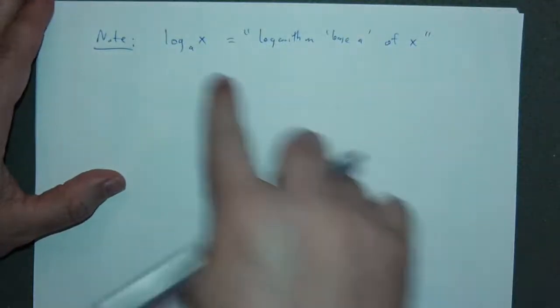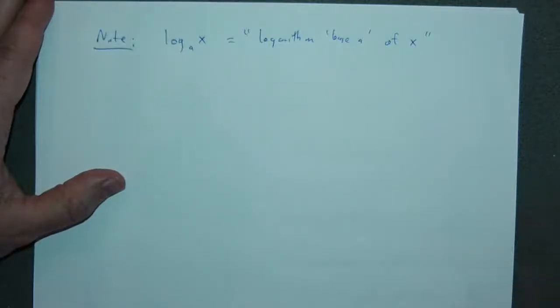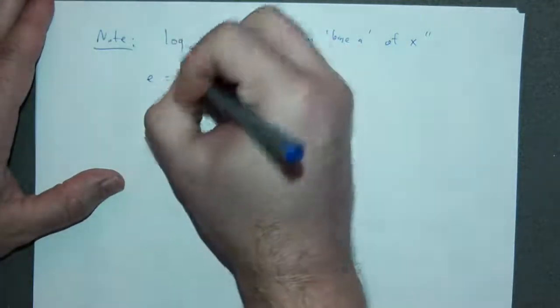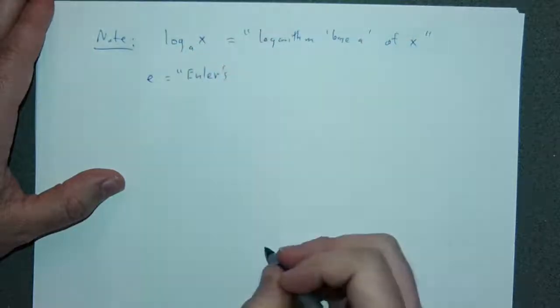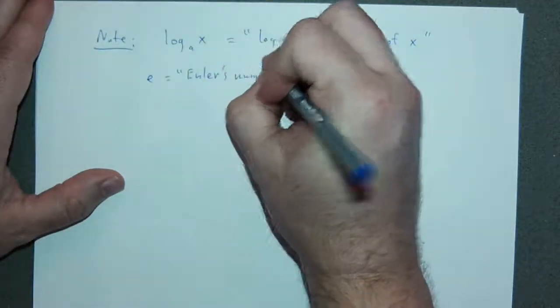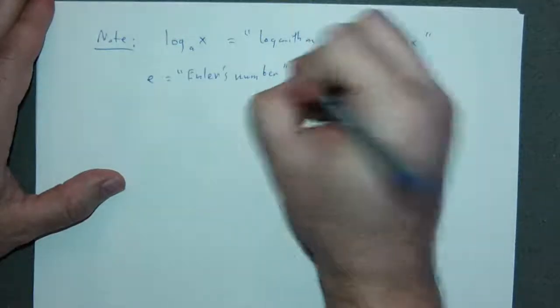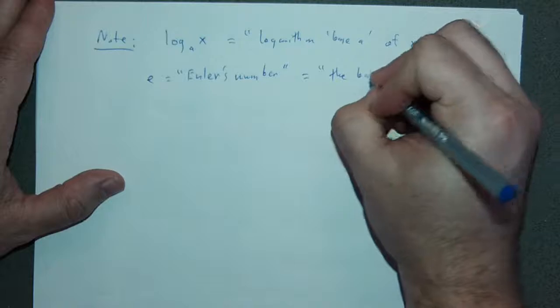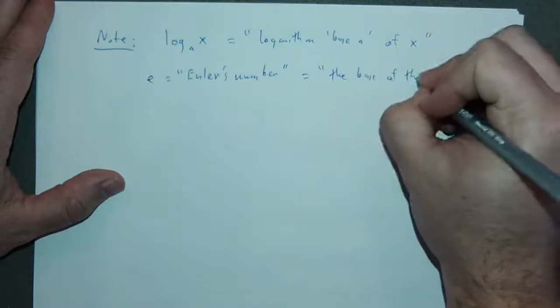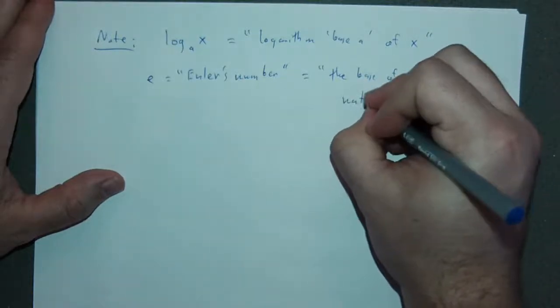That's what this means. e is Euler's number, and again, Euler wasn't alive when this was going on, so it wasn't called Euler's number then. e is also called the base of the natural logarithm.